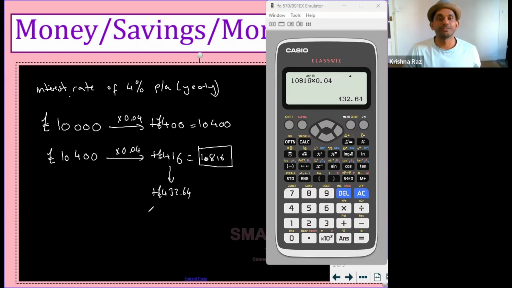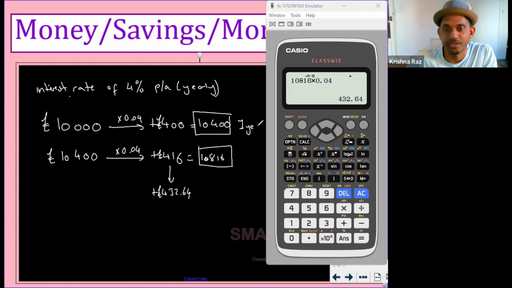So that is compound interest. It is interest upon interest. If we were asked to find the amount in the bank after 1 year, that would be the answer. After 2 years, this would be the answer. And you could see how we would have got 3 years.